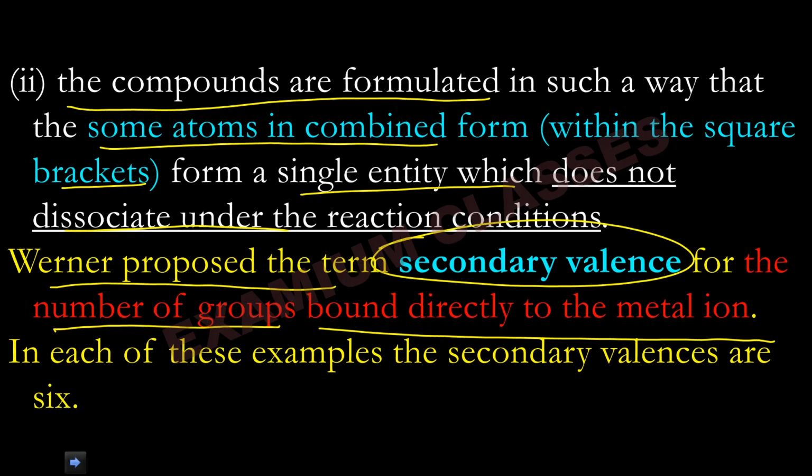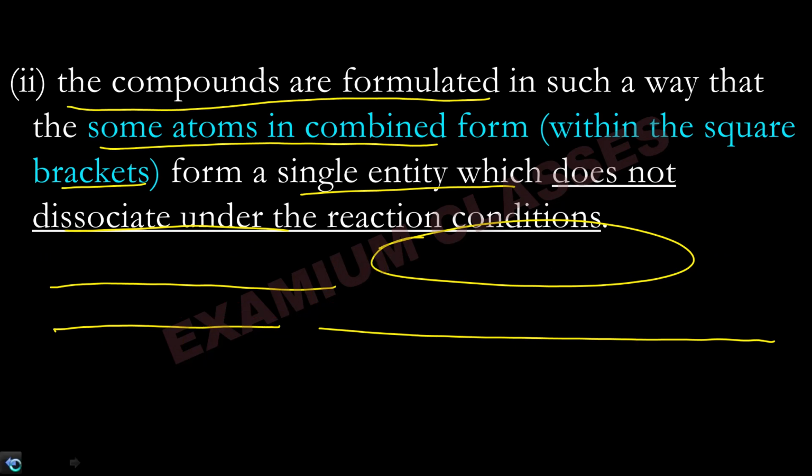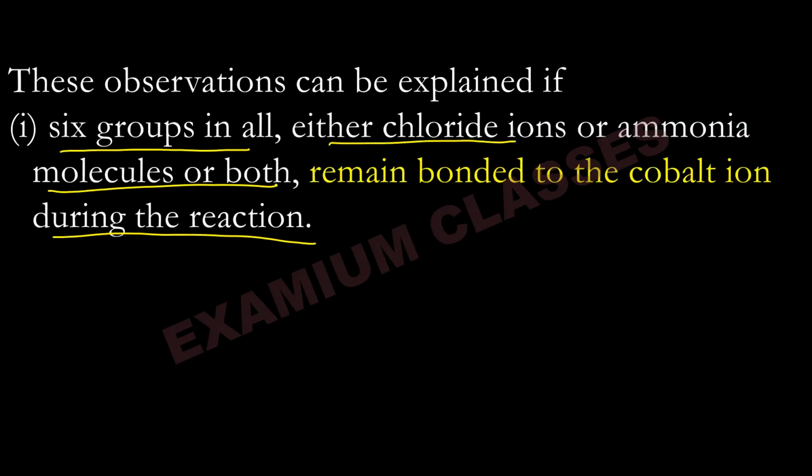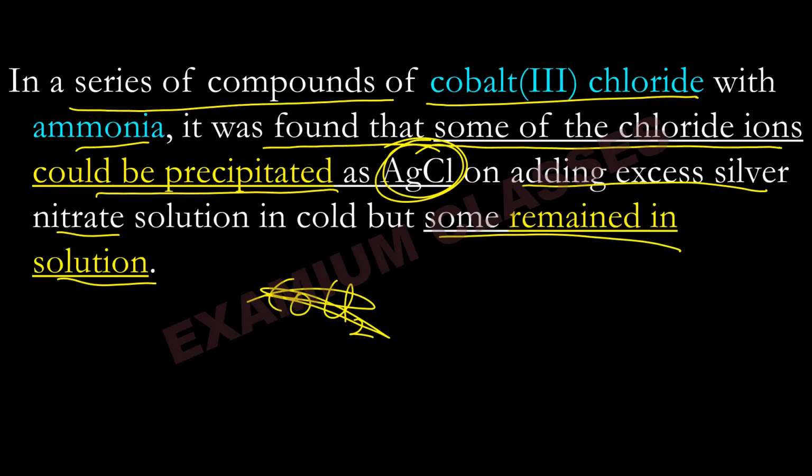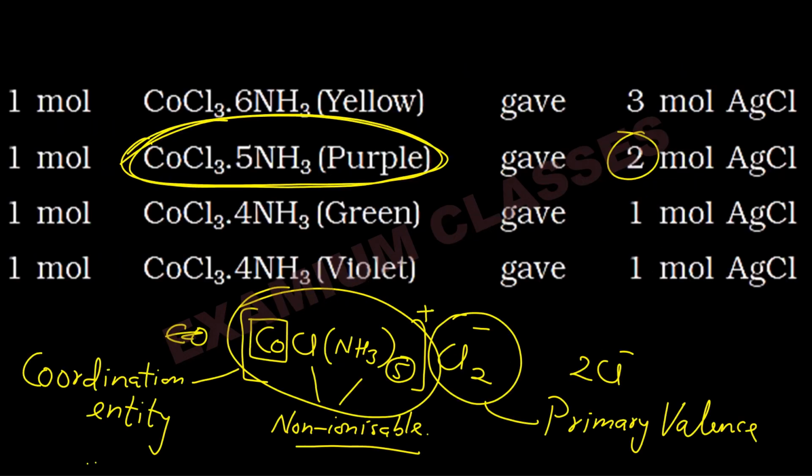Yes, Tanishi, good. So in each of these examples, the secondary valence is 6. Secondary valence is not changing. If chlorine is not there in the coordination polyhedra, then you have 6 ammonia.